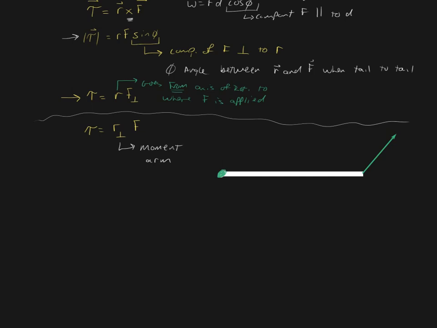So for our purposes, R is going to go from here to here. And then, of course, F points in that direction. So if we're just using the way I've taught you to do it, you would have R, F, and then, of course, this is your angle phi.